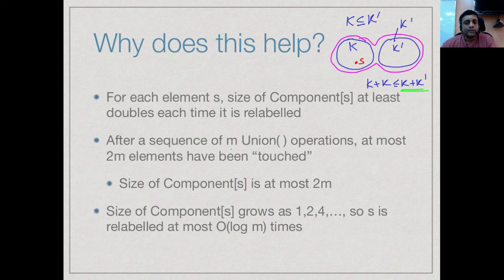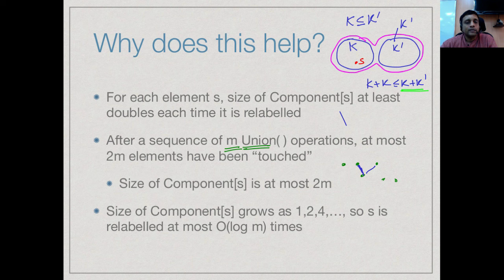So now let's look at some sequence of m union operations starting from the initial condition when I have all elements in separate partitions. So what can happen in each operation? Perhaps I combine two elements. Now if the next time I combine these two, then in total, in two operations I have only affected three elements.